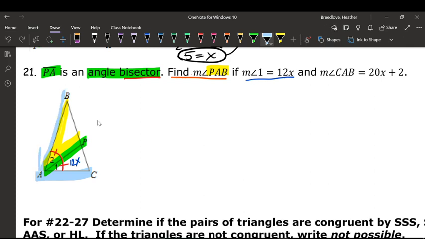Okay, so this one is different than the last one. That's weird. So now I'm looking at the large angle, that is 20x plus 2.